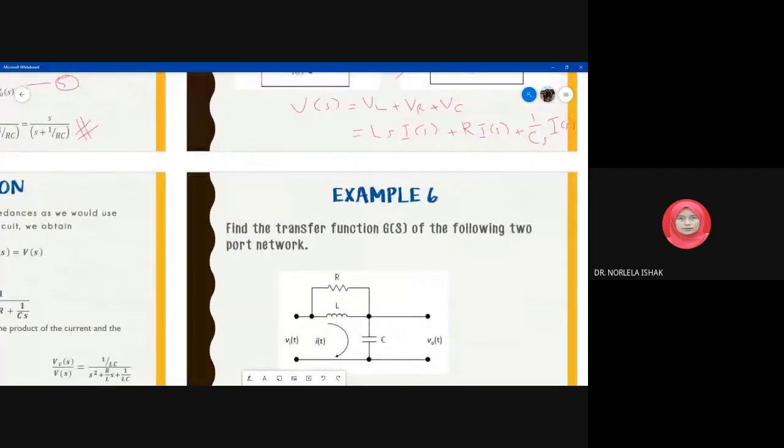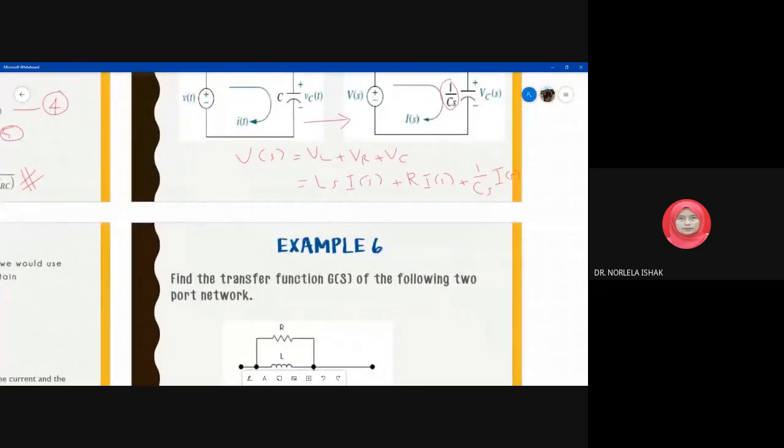We use a mesh equation, meaning writing a mesh equation using the impedance, as we would use a resistor value in a purely resistive circuit. From the equation just now, we rearrange for the current, so we can get this equation.